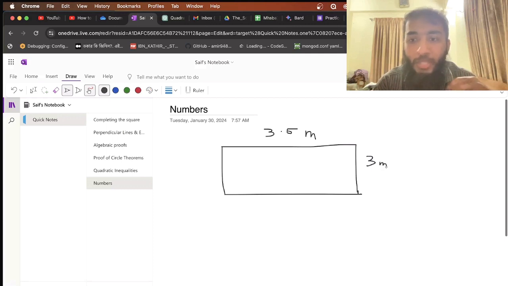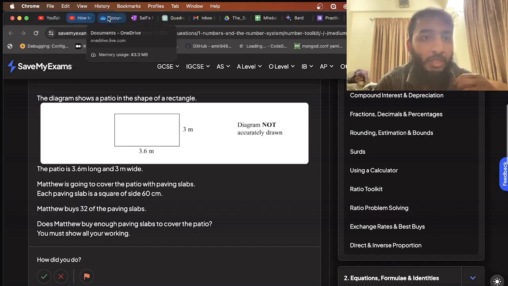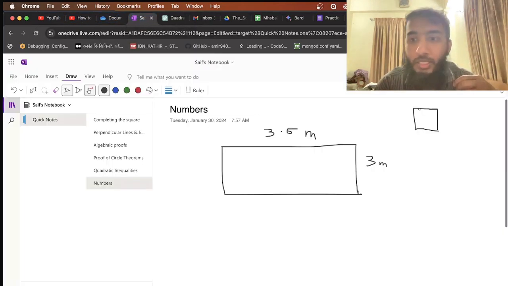Each paving slab is a square. There are 32 paving slabs. Each paving slab is a square of 60 centimeters, so it's 60 centimeters and 60 centimeters. Because it's a square, the length and width are the same.